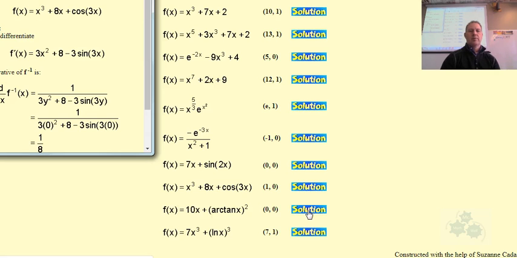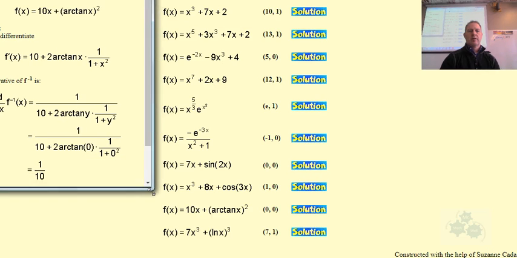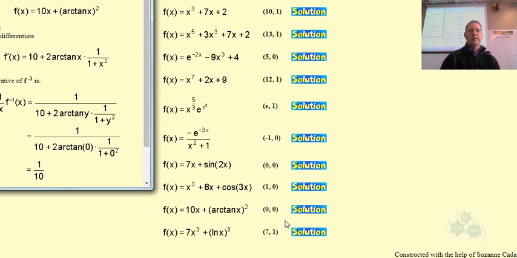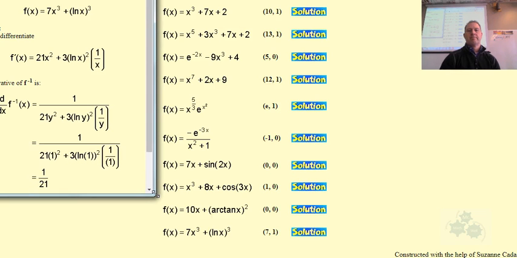There's a definition for the derivative of arctan. It turns out to be 1/10. So the arctan, squared, 1 over 1 plus x squared, I guess. And then there's the last question there too.